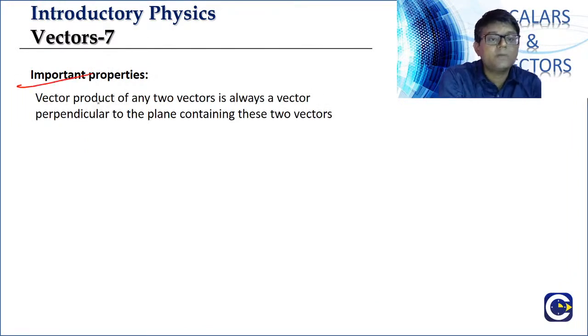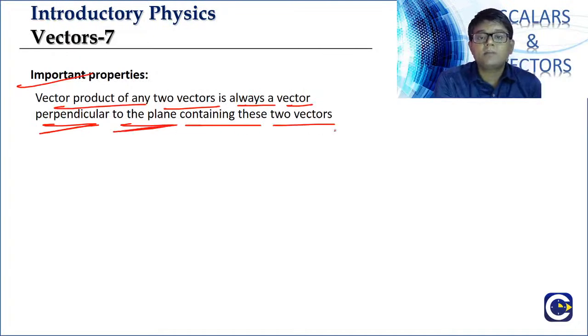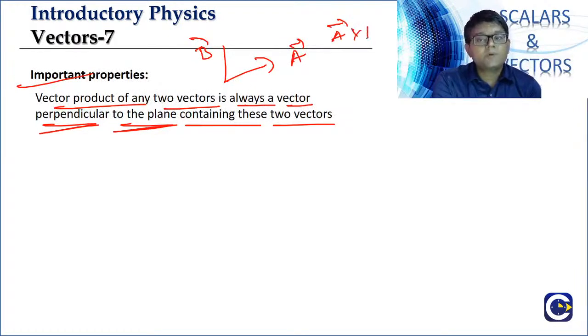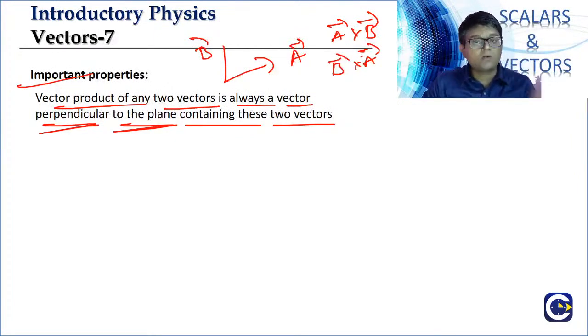So look at the first property. The vector product of any two vectors is always a vector which is perpendicular to the plane containing these two vectors. So that is what we have seen, right? If you talk about the two vectors A bar and B bar, then when we say cross product, either we have A cross B or B cross A. If A cross B is up the plane, as in the example we saw now, then B cross A is what?